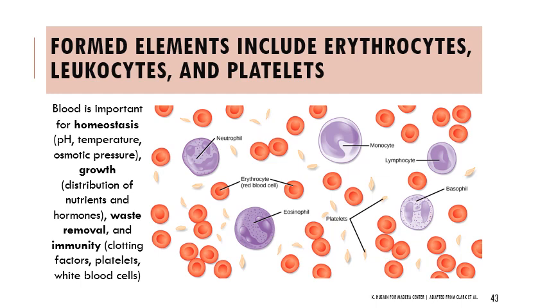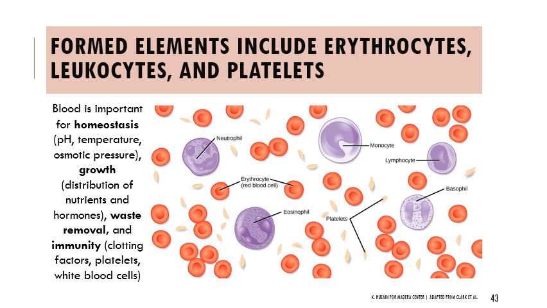In general, though, blood is very important for homeostasis, so it helps regulate our pH, our temperature, and osmotic pressure. Changes in blood flow and the relative size of blood vessels allow us to bring blood from the core of our body to the surface and give off heat and cool that way. Blood is also important for growth because it helps redistribute nutrients and hormones.